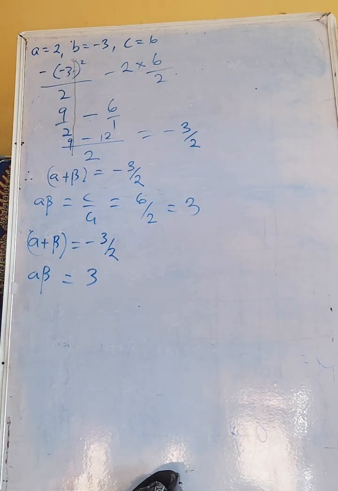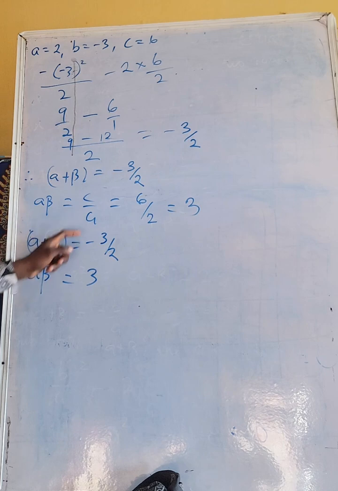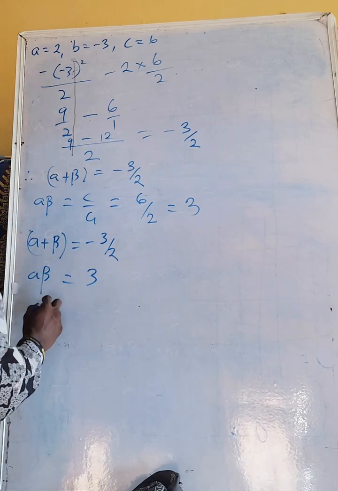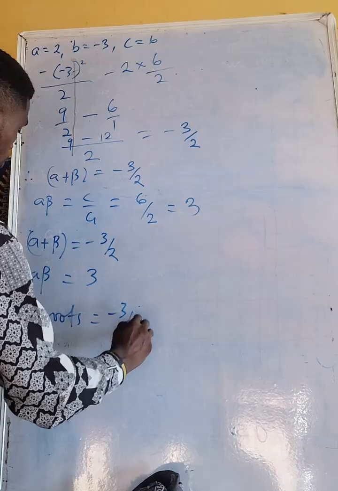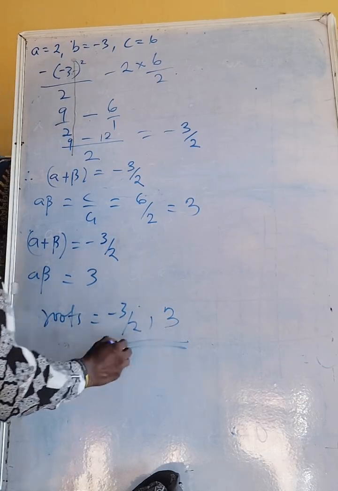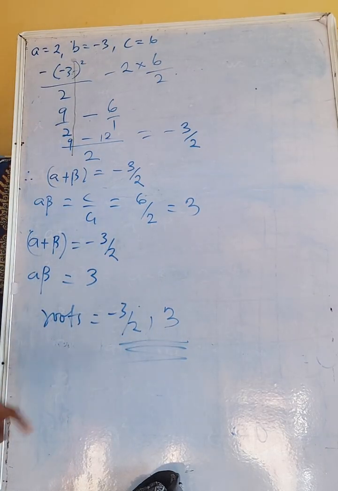So that is the two roots. The roots become minus 3 over 2 and 3.